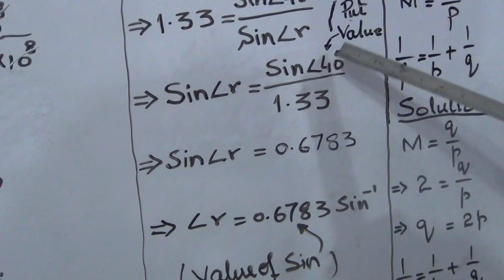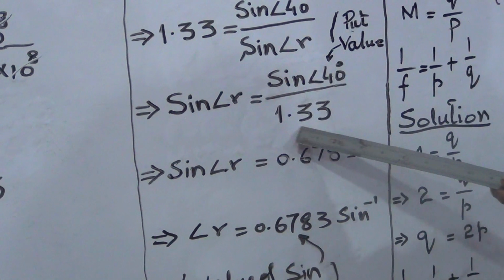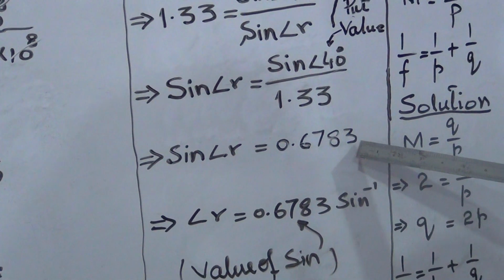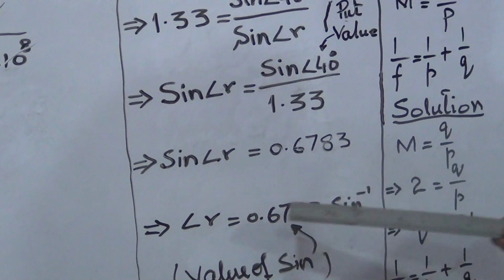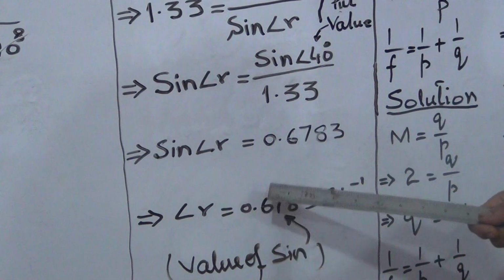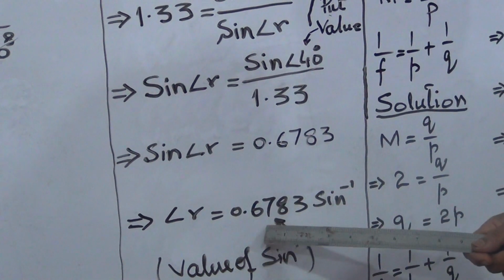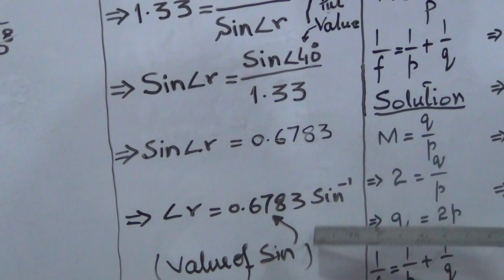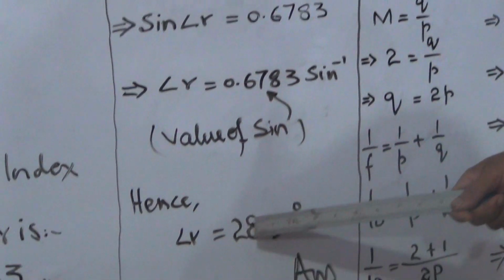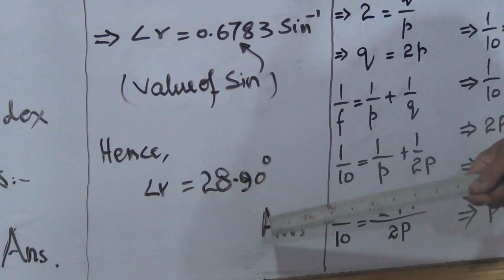When you divide the value of sine 40 by 1.33, it will become almost 0.6783. Then for angle R, you have to find the inverse sine of 0.6783, which is 28.90 degree. This is your angle of refraction.